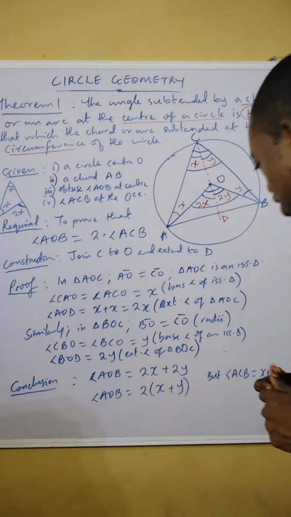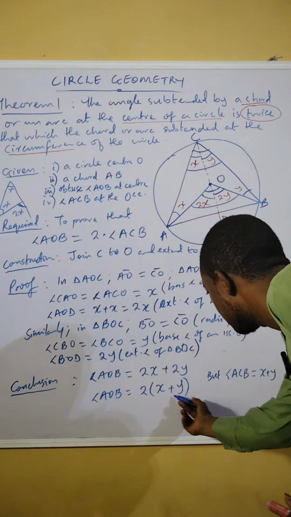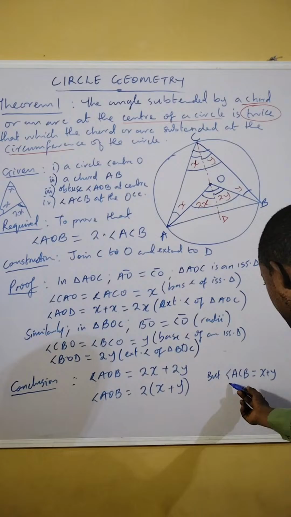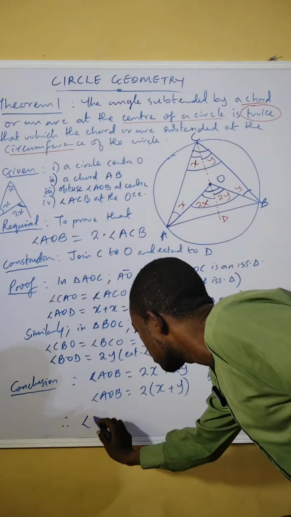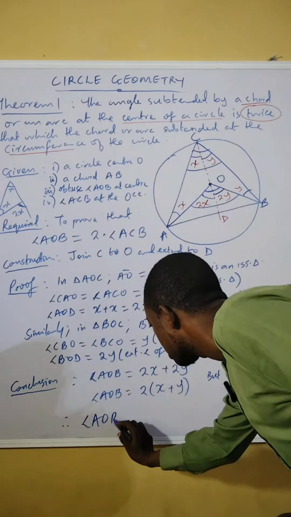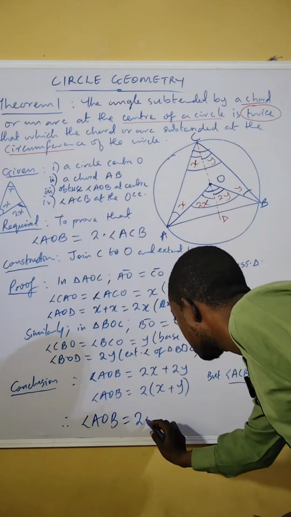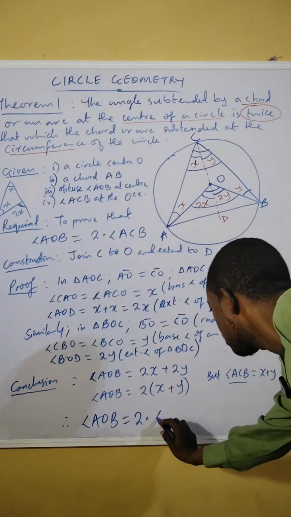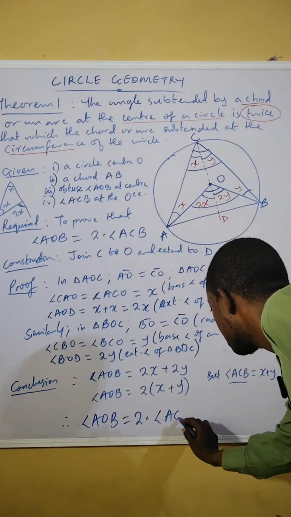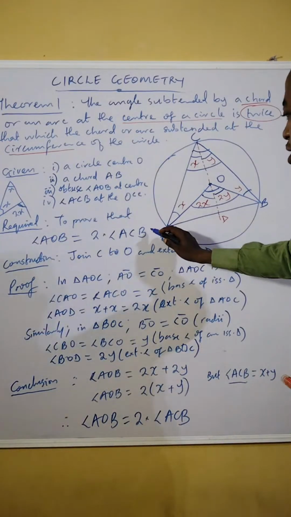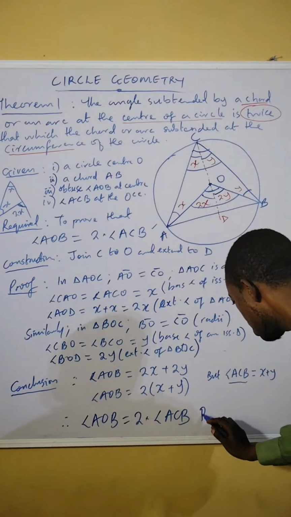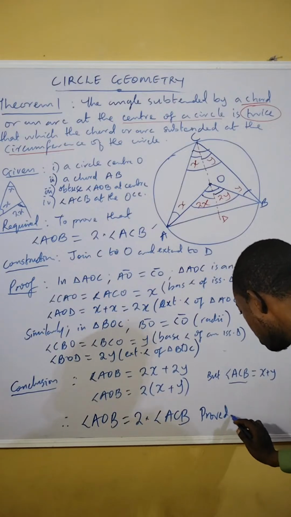Now, instead of writing x plus y here, we can simply write ACB. So therefore, we say angle AOB is equal to 2 times angle ACB. So therefore, the required has been proved. So here we have proved this theorem.